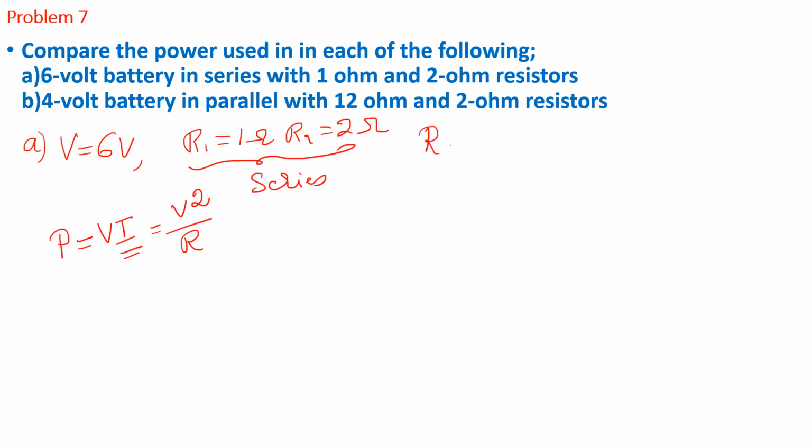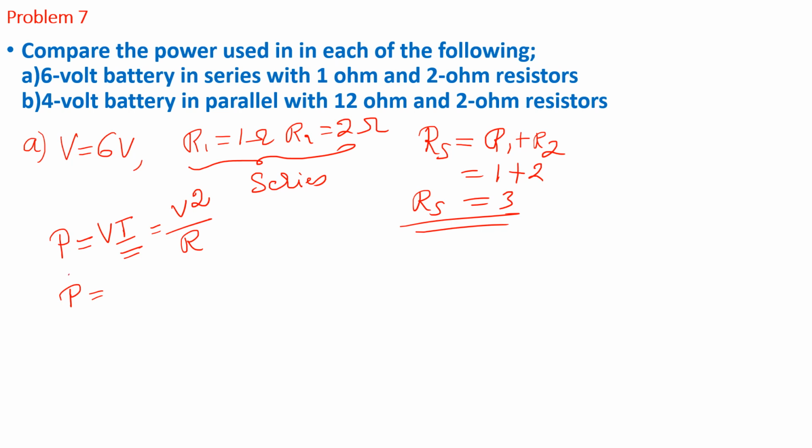In series combination, Rs is equal to R1 plus R2, the effective resistance, that is 1 plus 2, which is equal to 3. So we got R now. Substitute this here. V is already given. So power is equal to V squared by R.